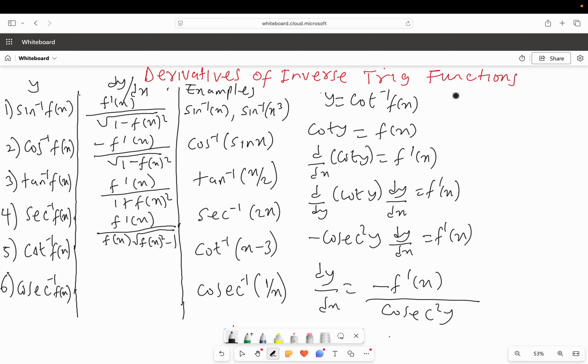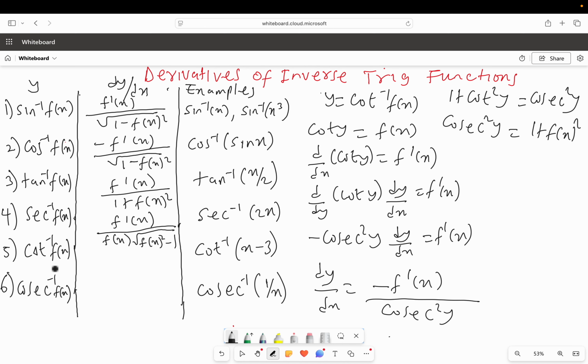So I know that 1 plus cot squared y is just cosec squared y, but my cot y is just f of x. So it means my cosec squared y is just 1 plus f of x squared. So I can make the substitution into this in order to get my dy dx.